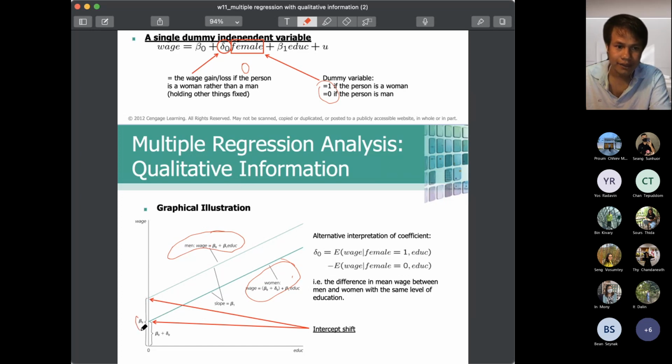But the intercept for women's equation is delta 0 plus this delta 1. And normally, this delta 1 is negative. Why negative? Normally, we found female earn lower wage than male. That is why this is negative.